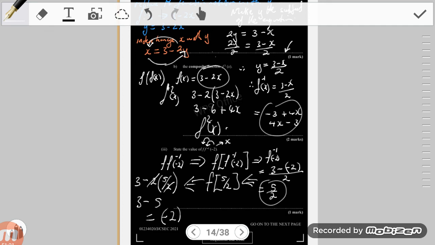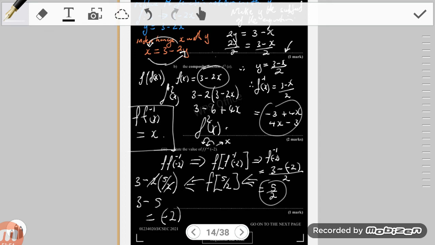Now, there is a rule that governs the function principle. And if you're able to identify that, then you wouldn't have to do this much work for 1 mark. And the rule is this: if you have a function and you replace its inverse in the function, then what you're going to get is going to be x.